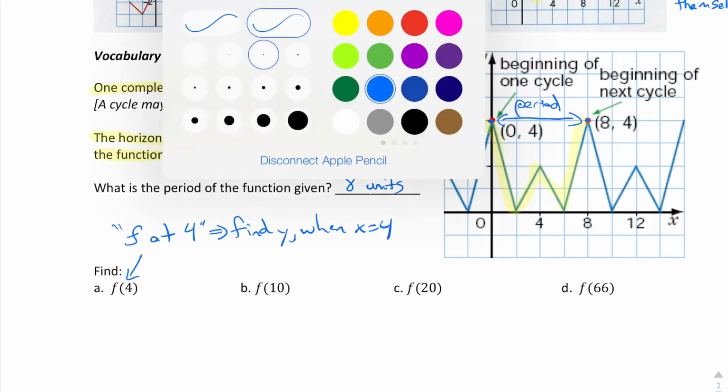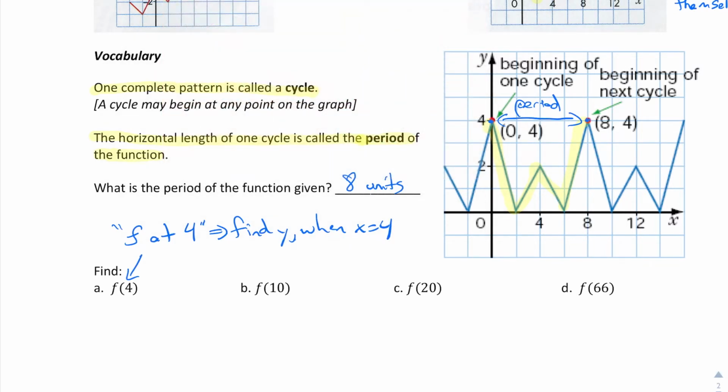That's basically what it's saying. So if you look on the graph and we go to 4 for x, and I go up, here's my y value at that, which corresponds to 2. So f at 4 equals 2. Let me write that in. I'm just taking it from the graph.